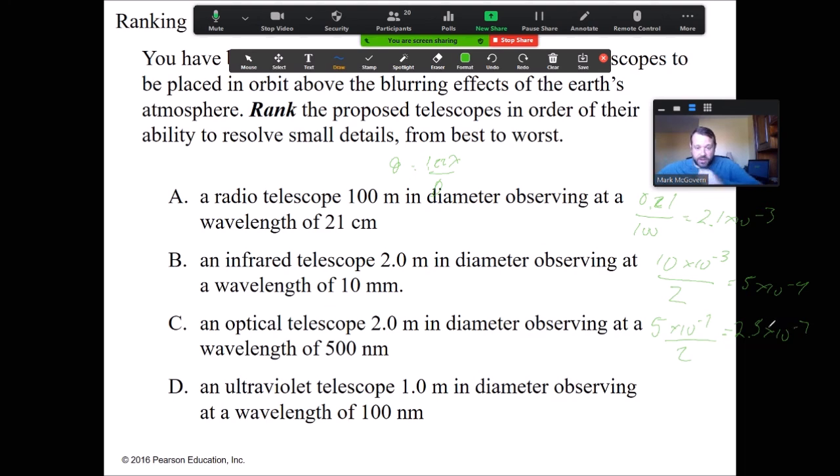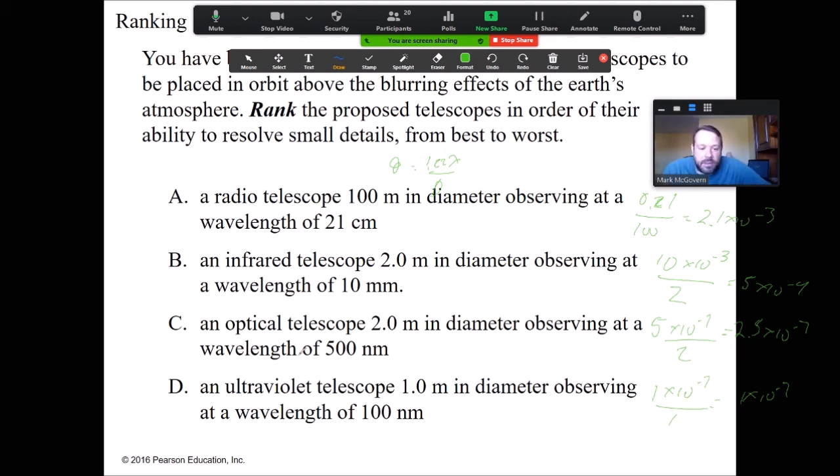Put that radio telescope to shame. And then your ultraviolet telescope is 1 times 10 to the minus 7 over 1. Well, we have our winner. It's the ultraviolet telescope. In fact, you just go up the list here: D, C, B, and A.